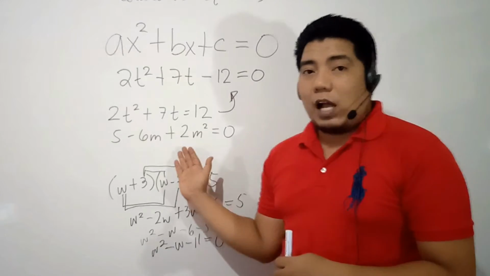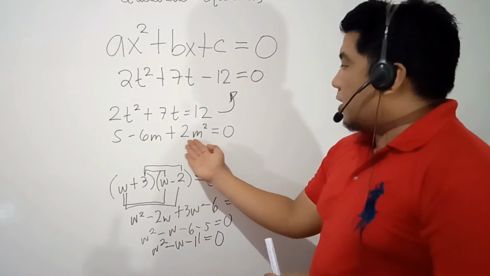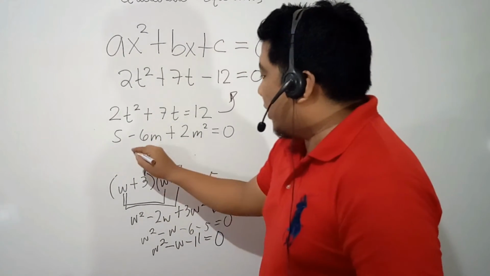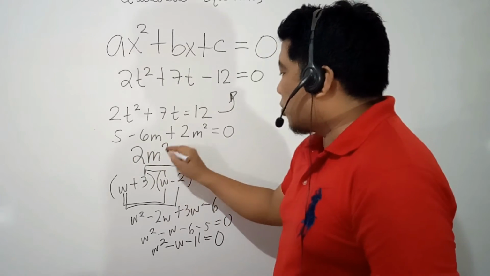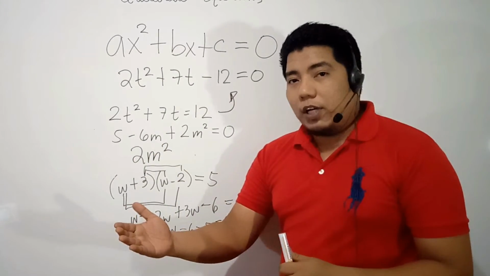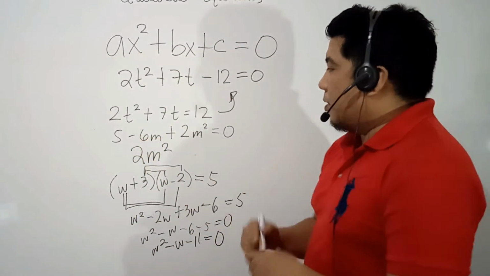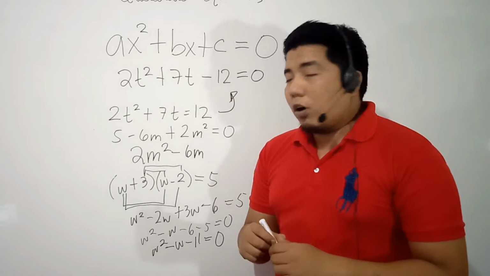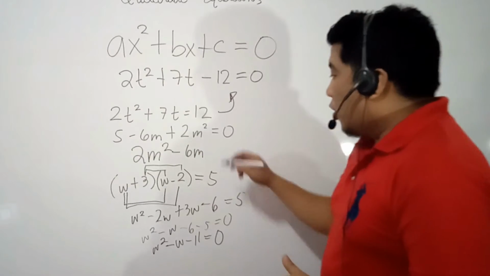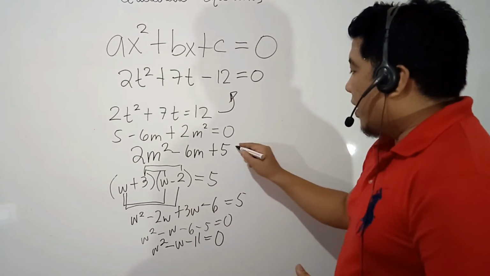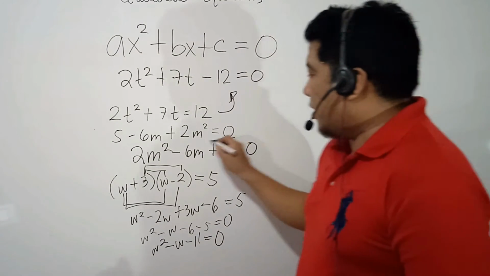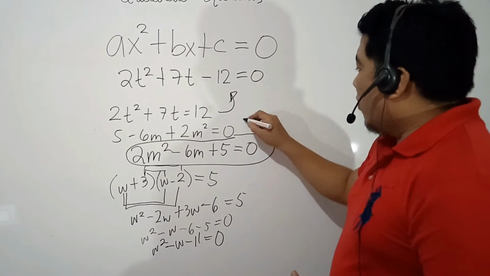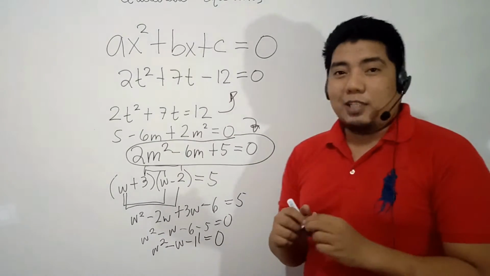Let's write first our quadratic term, positive 2m squared. Then we follow with our linear term, negative 6m, so that is minus 6m. And finally, our constant term, which is positive 5. Then we put equal to 0. And this is our standard form for this equation.